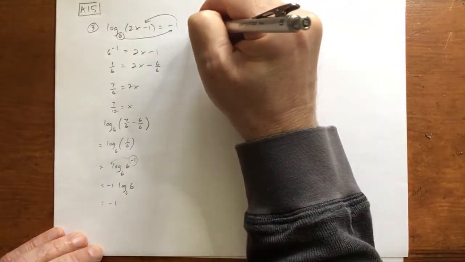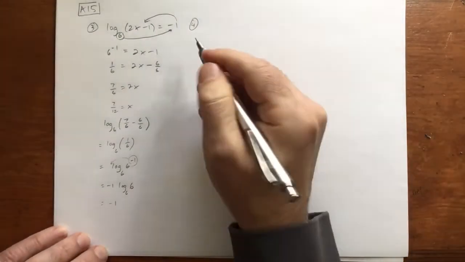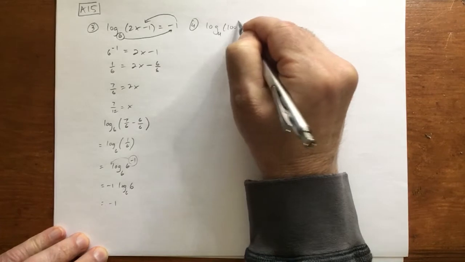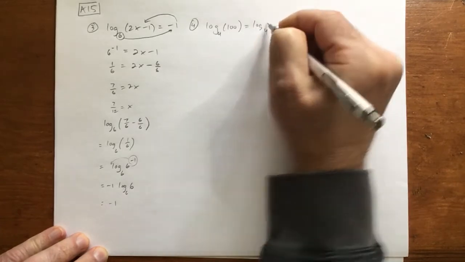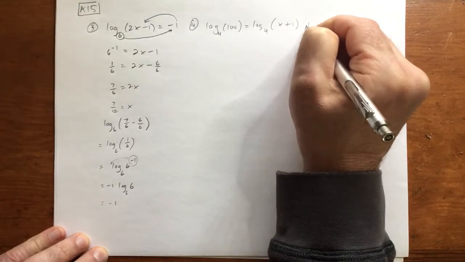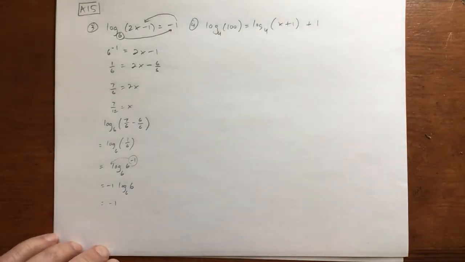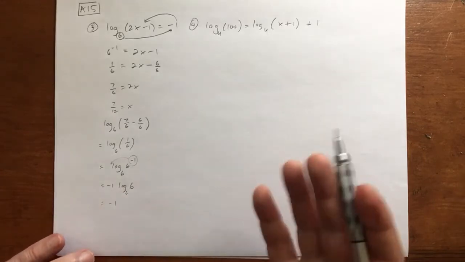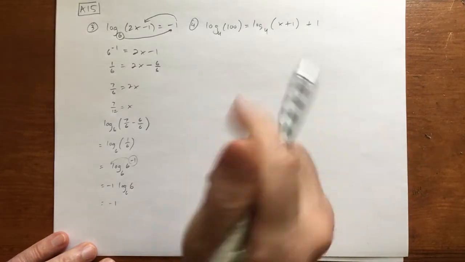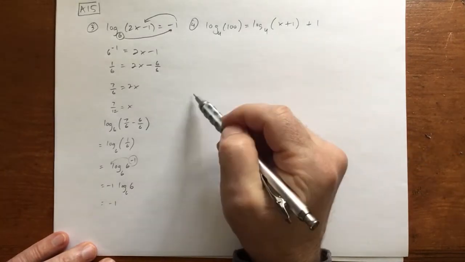Okay, problem 4. Log base 4 of 100 equals log base 4 of x plus 1, and outside plus 1. Okay, so now I have 2 logarithms. What I want to do is use my log properties and combine them. To do that, though, I need them both on the same side.